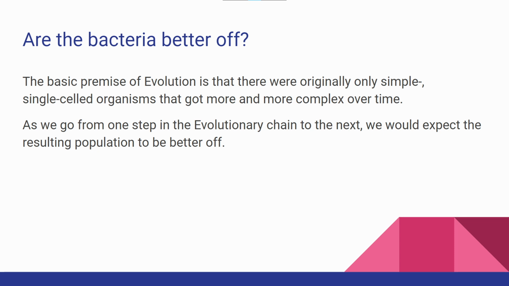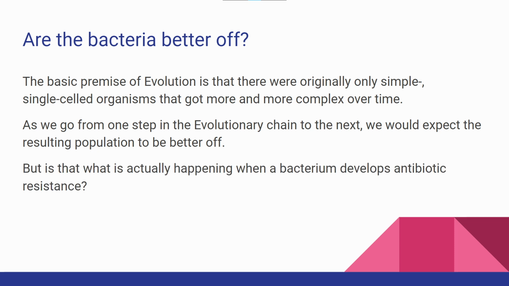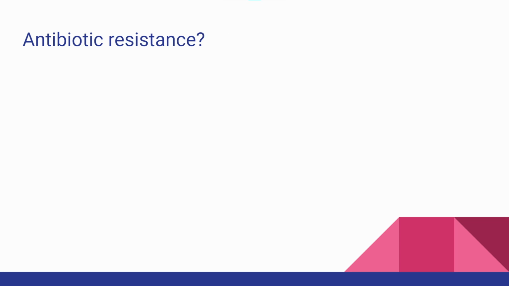But what's actually happening when a bacterium develops antibiotic resistance? Well, let's think about it. Bacteria are microorganisms that are generally harmful to especially us humans, and antibiotics attack various aspects of the bacterium depending on the particular bacterium and the particular antibiotic. Okay?